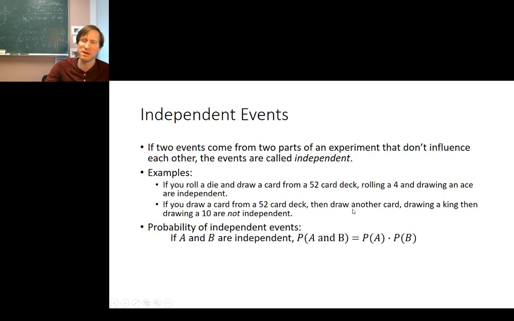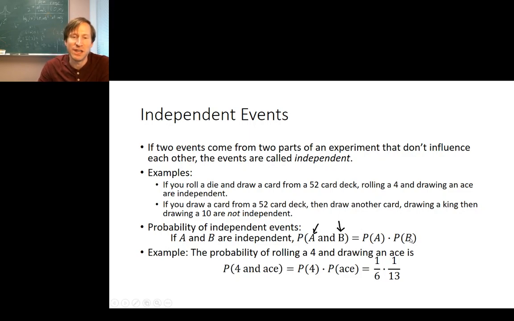Now, if you do have independent events, there's a very nice way to calculate the probability of them. If you want to know the probability of one independent event A and another independent event B both happening at the same time, you can just multiply their individual probabilities. For example, if you're rolling a die and drawing a card from a deck, the probability of rolling a 4 and drawing an ace: these are independent events because the die roll does not influence the deck and vice versa.